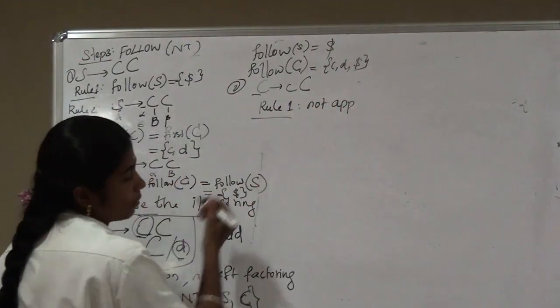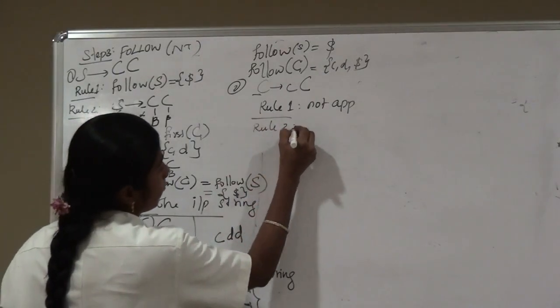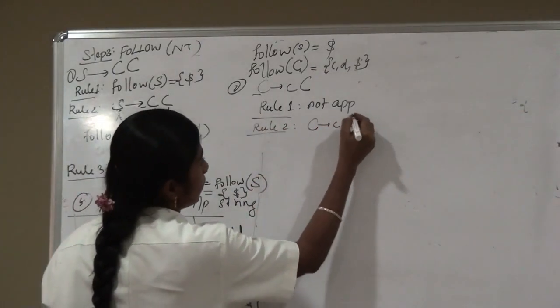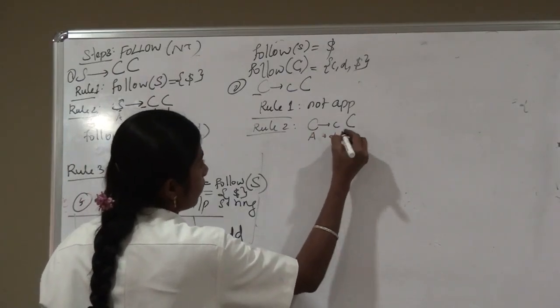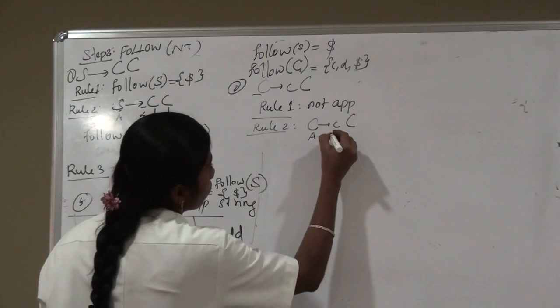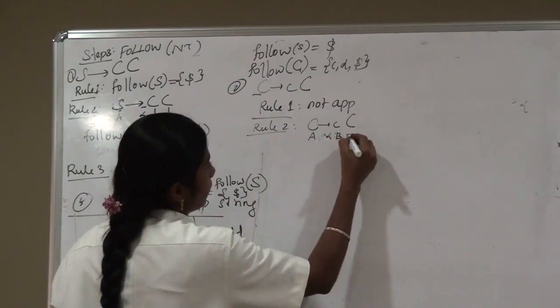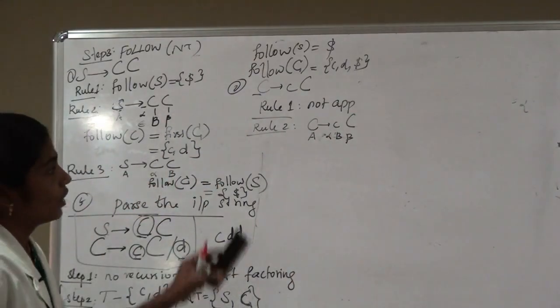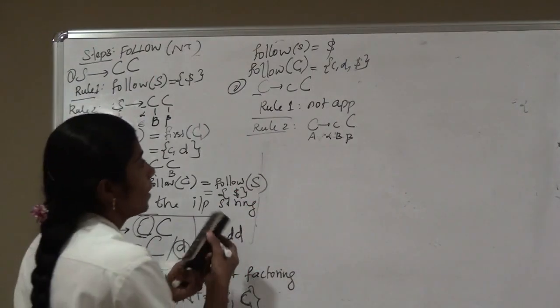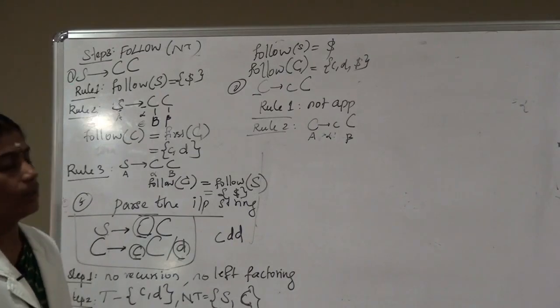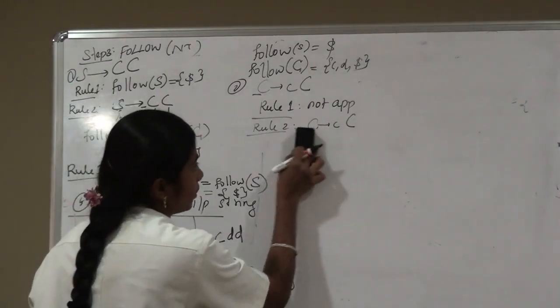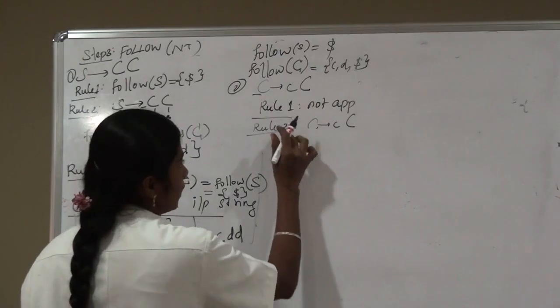For rule 2, you have C derives small c capital C. Take this as A derives alpha B beta, whether it is right. We cannot do it, because this B must be a single capital letter. So here I cannot make this. So rule 2 is also not applicable.